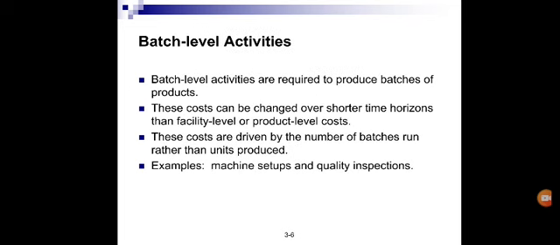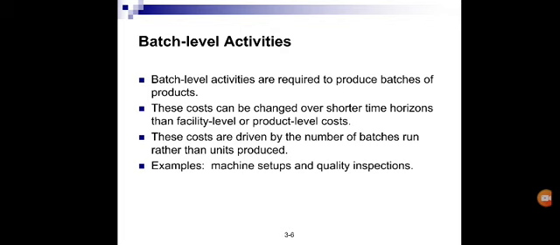Batch level cost is cost that the business has to pay according to a batch of production. Most businesses, when they produce something, produce in batches. A soft drink business may produce 1,000 bottles at once, and then produce another 1,000 bottles. So these 1,000 bottles are called a batch: one batch, second batch, third batch.